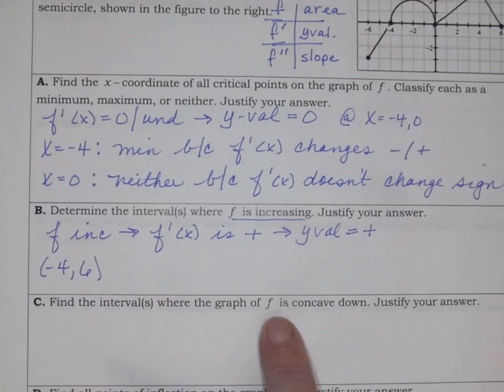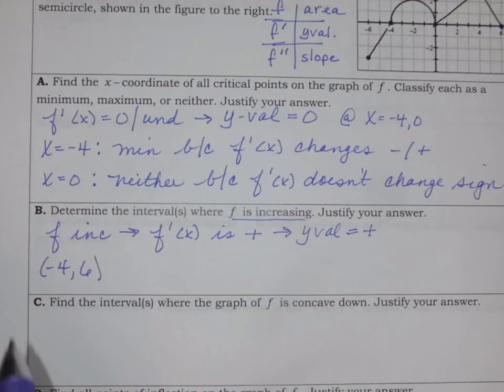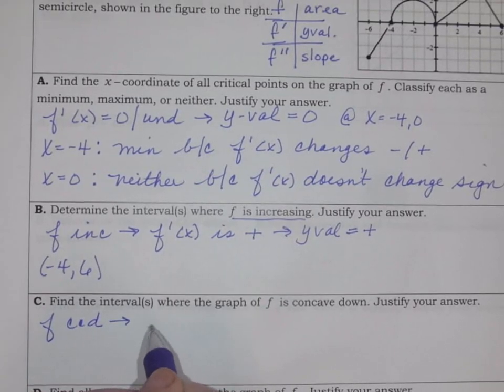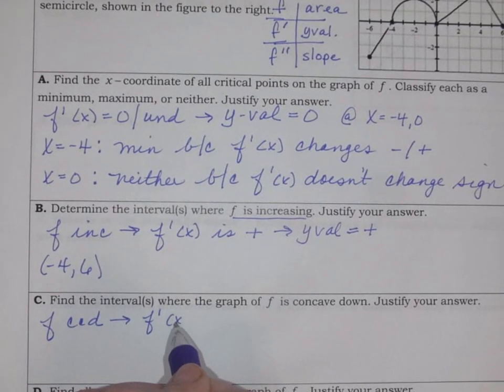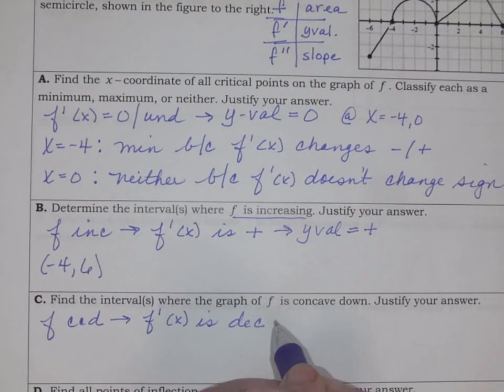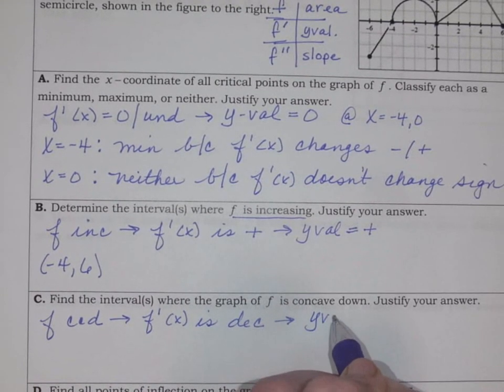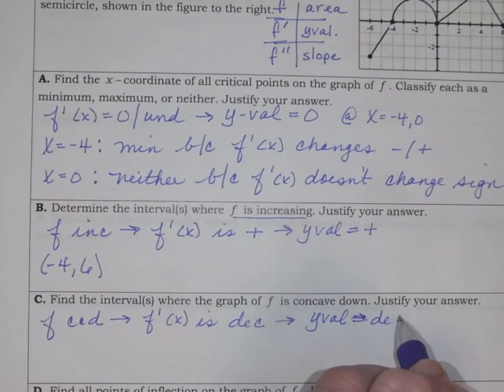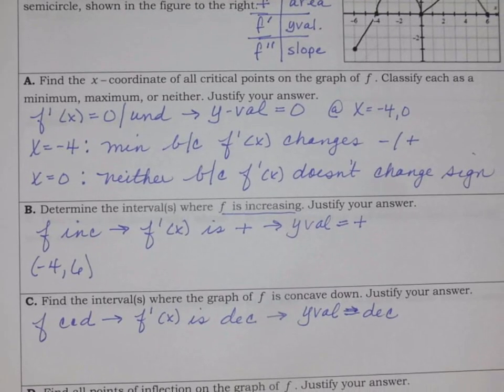All right, find the intervals where the graph of f is concave down. All right, so f is concave down when f prime of x is decreasing. And so that means we want our y values to be decreasing. So we want to have a downward slope.